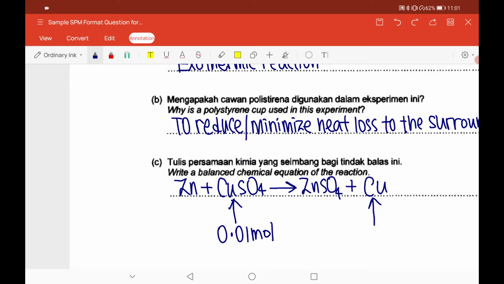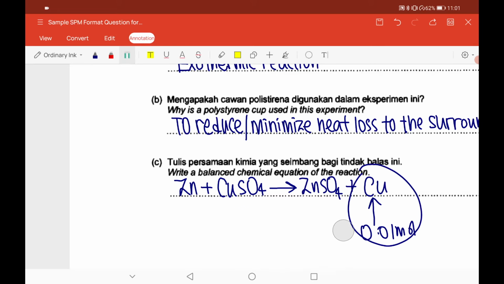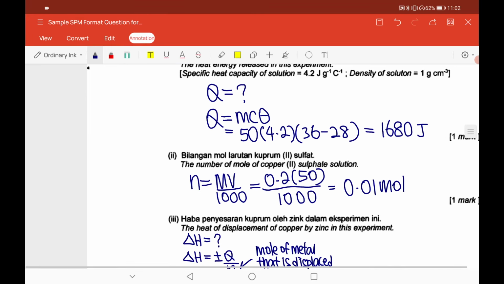The ratio is 1 to 1, which means they are the same, 0.01 mole. So the mole of the metal we kick out is 0.01 mole. We just put it back into the formula.